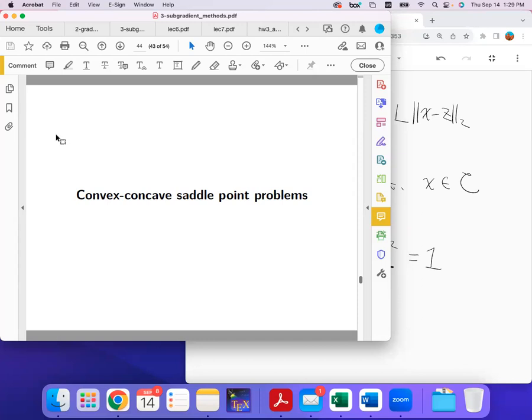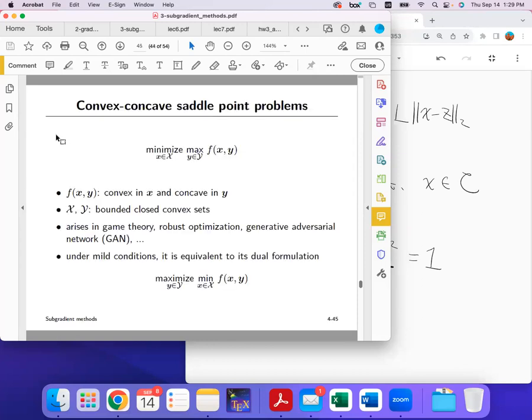Here I will just give a brief overview of this part. So instead of doing minimization, here we are looking at a function of two variables, f(x, y). And we want to minimize over x and maximize over y. So this is like a saddle point problem. You want to do minimization on one variable and maximization on another variable.